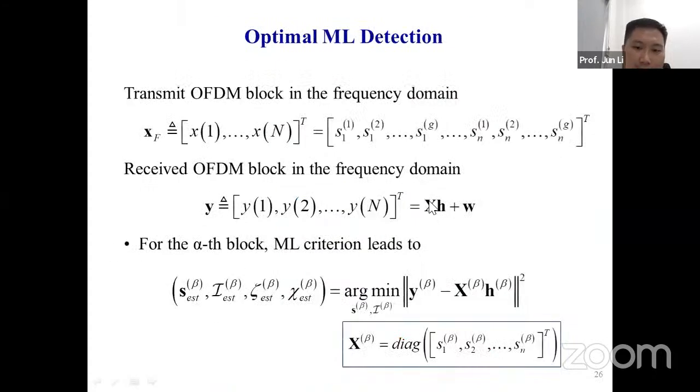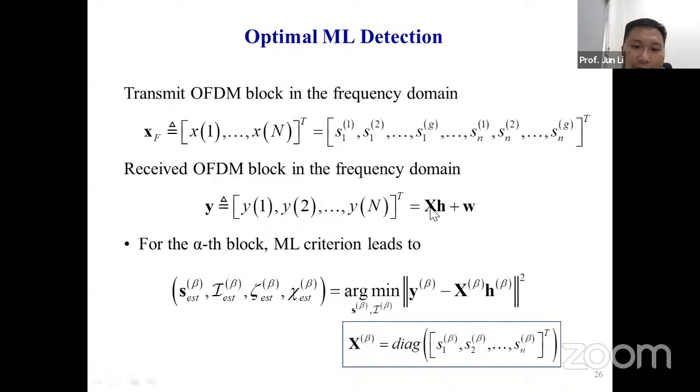So if we have x as the diagonal of the vector s, then we multiply the channel coefficient, the matrix of the transmit signal, plus noise. Then finally we will get the y. Y is the receive signal at the receiver side.